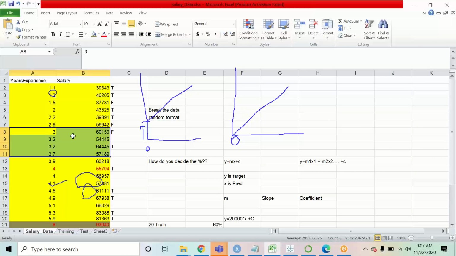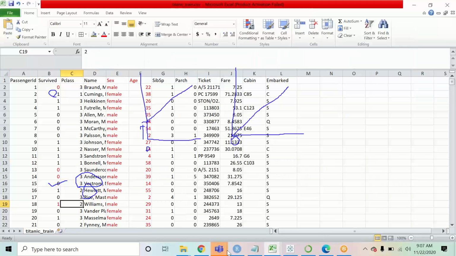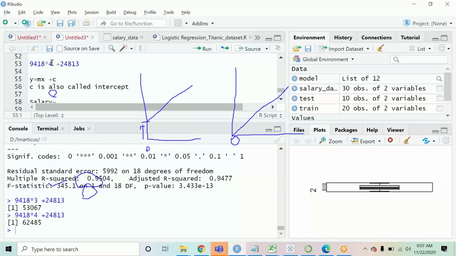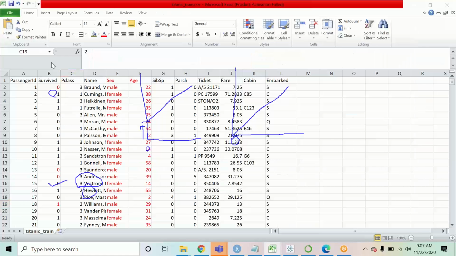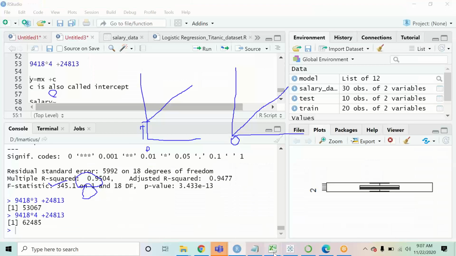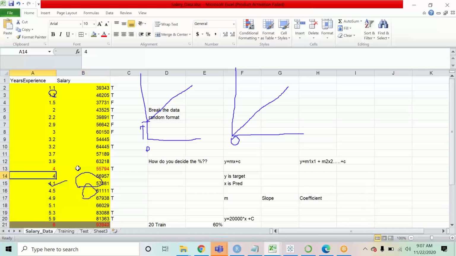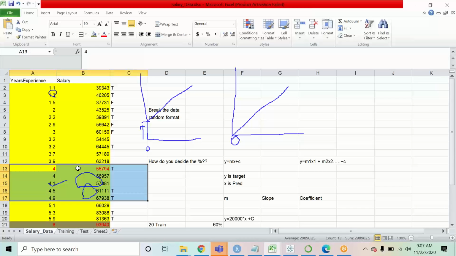So based upon this, this is the number I am getting. Let us check it for 4 years, what my model is giving as the output. I just have to change it to 4. If a person has 4 years of experience, my model is telling that he should have a salary of 62,485. Within the range of 4 years, we have some salaries over here.